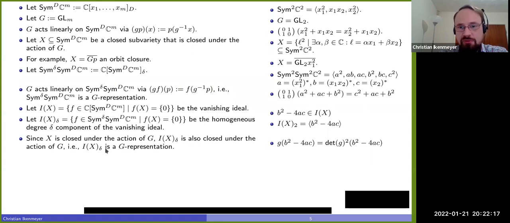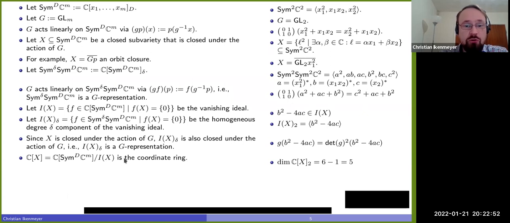So, for example, if you have the discriminant and you act on it with some group element, then one has to calculate this, but you just rescale the discriminant by the determinant squared. So in particular, this vector space is indeed closed under the group operation. This always happens.